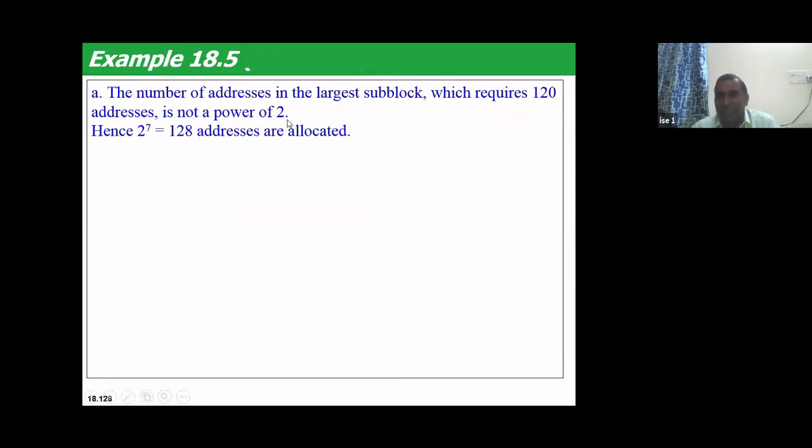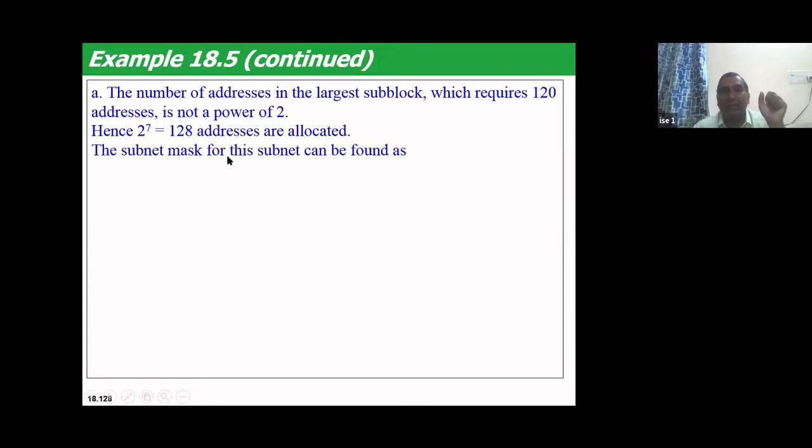The nearest number which is a power of 2 and approximately equal to 120 is 128, which can be expressed as 2 to the power 7. So for the first subnetwork, I will allocate 128 out of 256 addresses. The subnet mask for this can be found.